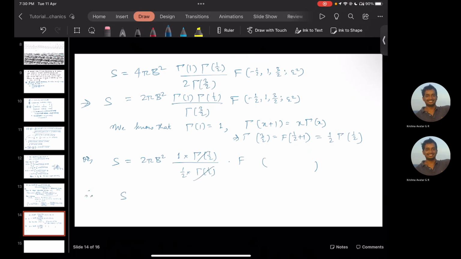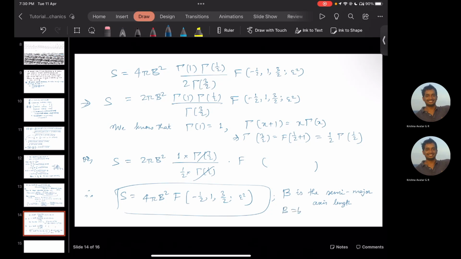So therefore, S is equal to 4 pi b square F of minus half, 1, 3/2 and epsilon squared. And here b is the semi-major axis length, and it's the same as small b of the question.